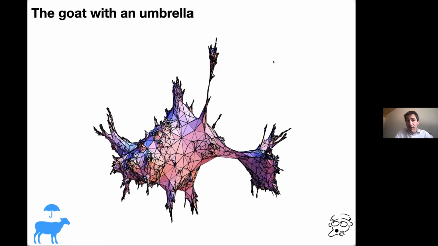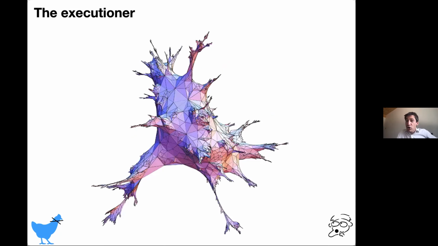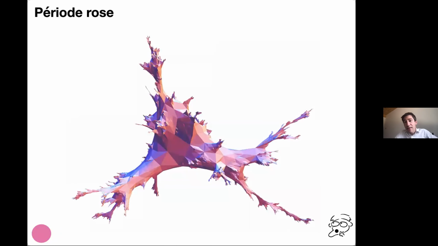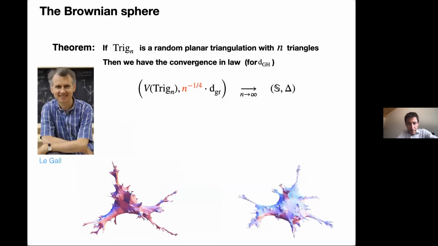The goat with an umbrella. Here is the umbrella, as you can see. The executioner, or some people like to call this one the beheaded chicken. Période bleue à la Picasso, and period rose, pink period, still with Picasso. These are samples of random triangulations with a couple of thousand triangles.